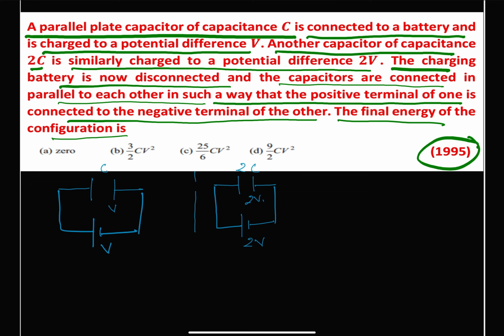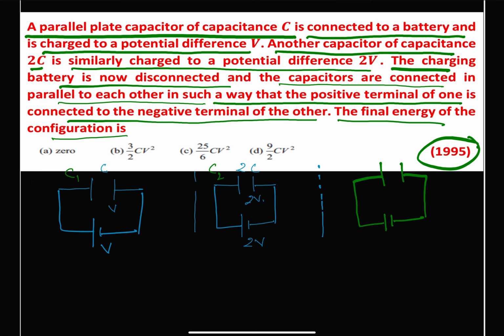And in the final configuration, both the capacitors are connected in parallel. So we can also draw it. Let us call this C1 and this C2, the first capacitance and the second capacitance.